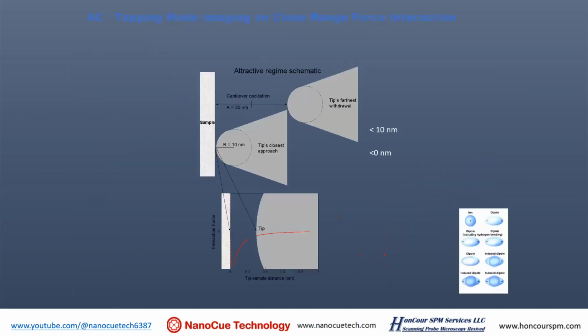Okay, so in tapping mode, we bring the tip close to the sample, and when tip and sample are at a certain distance, sub-nanometers for example, what you see here is actually the attractive force the tip is going to experience first. As you bring the tip close to the sample, the attractive force turns into repulsive force.